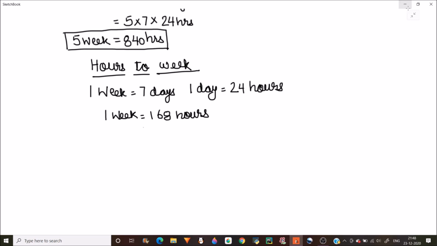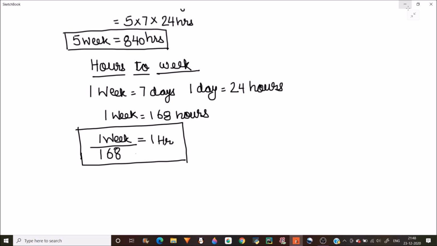By this conversion factor we can also find out how much is 1 hour. So to find how much is 1 hour, we have to divide 1 week by 168 hours. So 1 hour will become 1 week over 168. So this is the conversion factor to convert from hours to weeks.